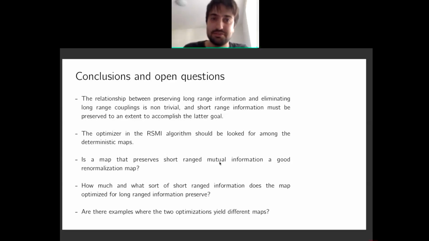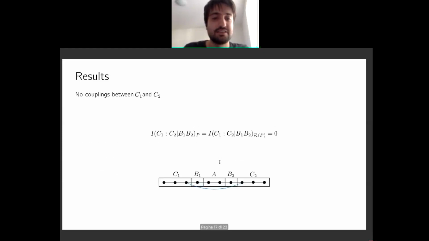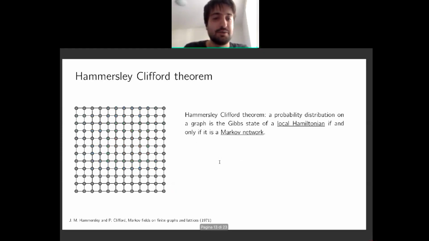The problem with applying these results is that I talked about the Hammersley-Clifford theorem, and it's very important that this is a double implication. And this is a double implication only for classical systems or commuting Hamiltonians. So for commuting Hamiltonians, basically everything translates.